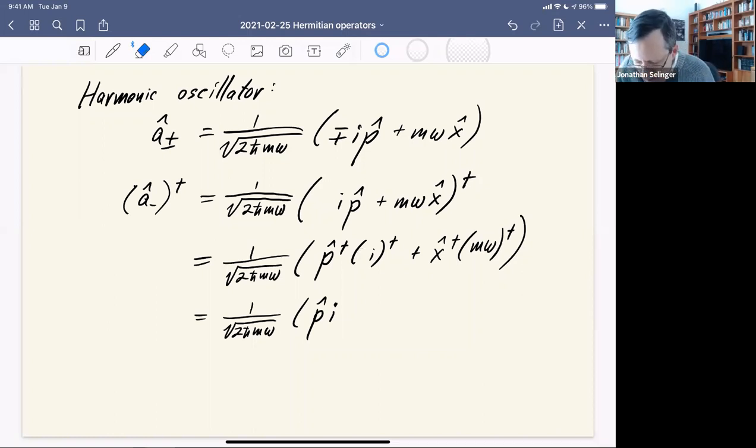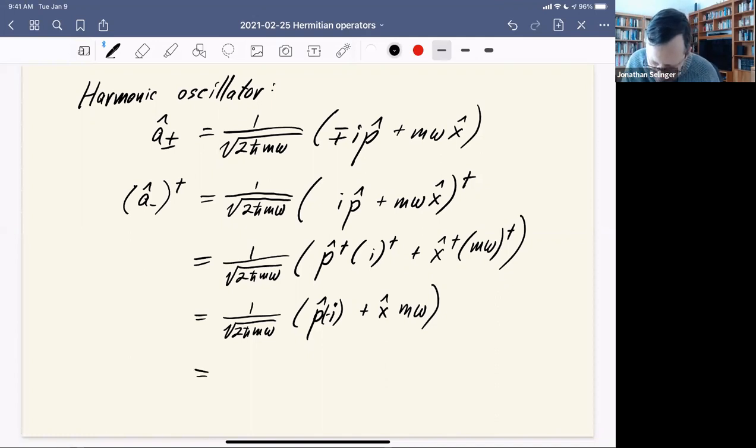All right. So I want the Hermitian conjugate of I, and the Hermitian conjugate of I is negative I. Aha, much better. Okay, then what? The Hermitian conjugate of X is X. The Hermitian conjugate of m omega is m omega, because m and omega are real numbers.